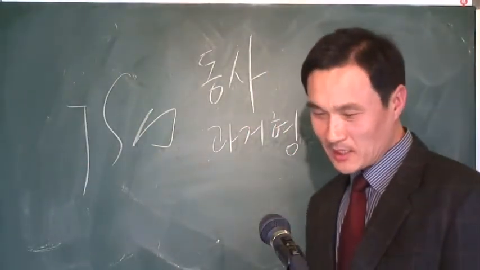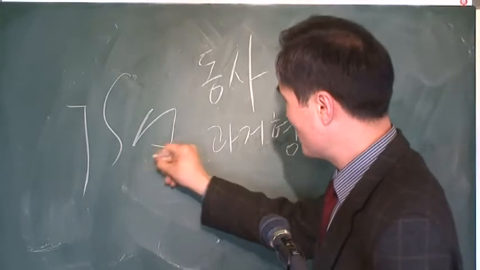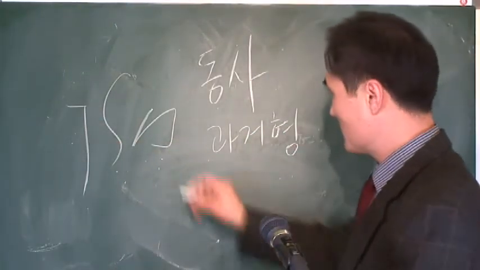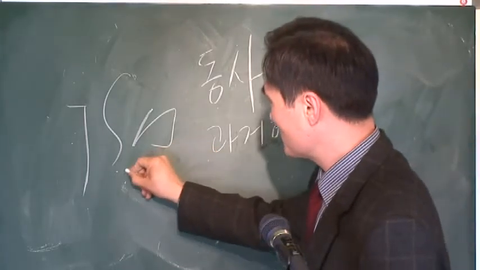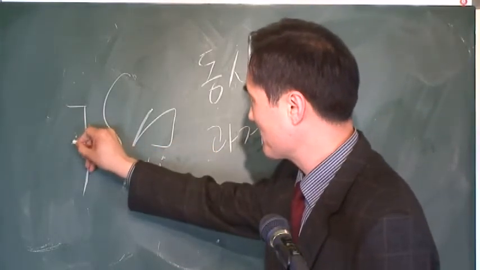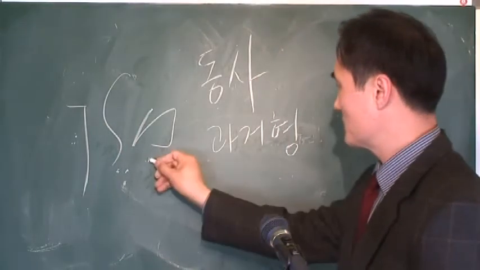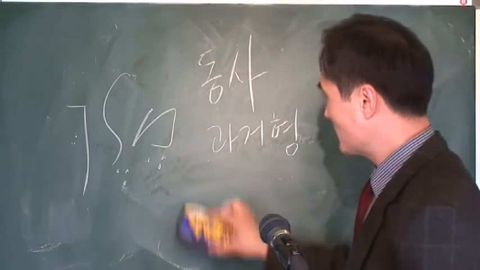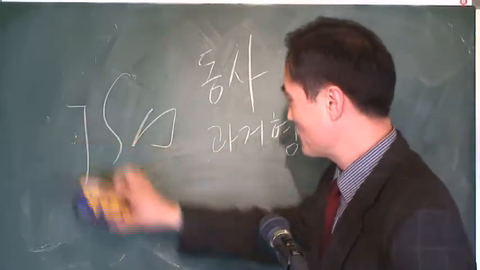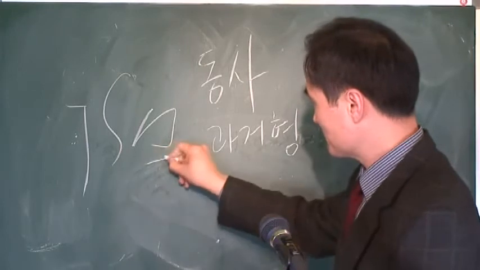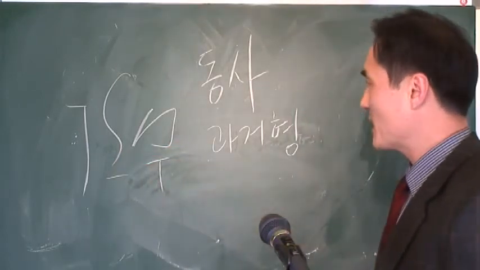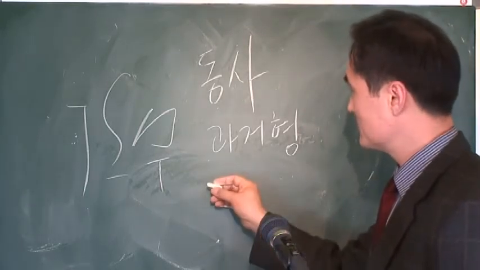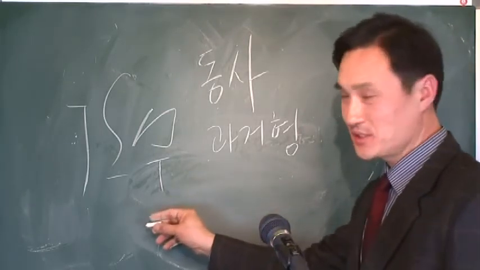Let's look at the word melek, which we just studied. This is a noun that means king. Here is the vowel shegel. However, when we change the vowel and add kamets and patak, it becomes malak.